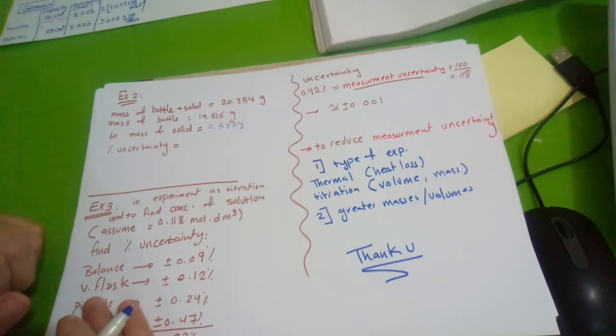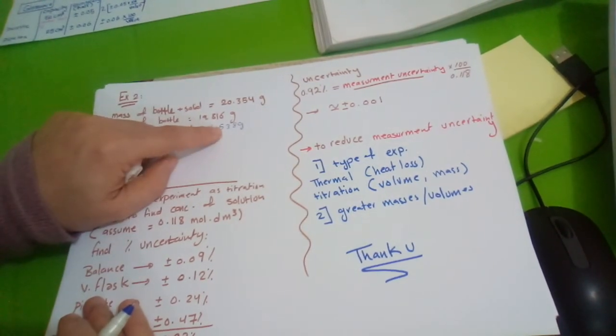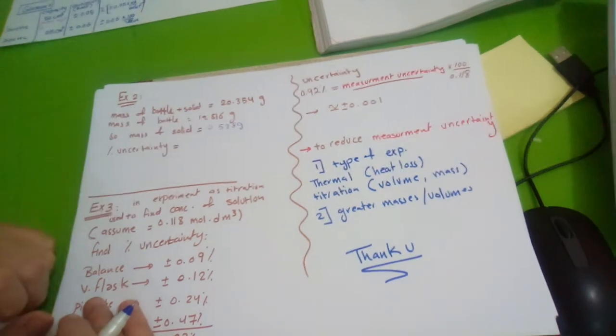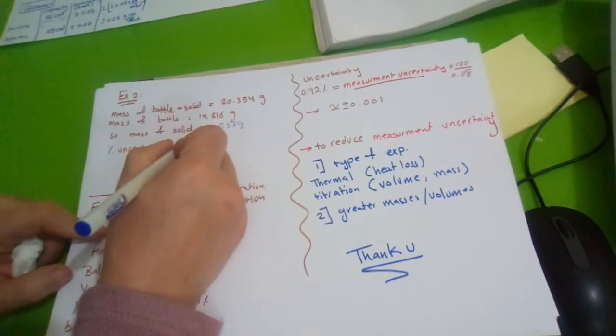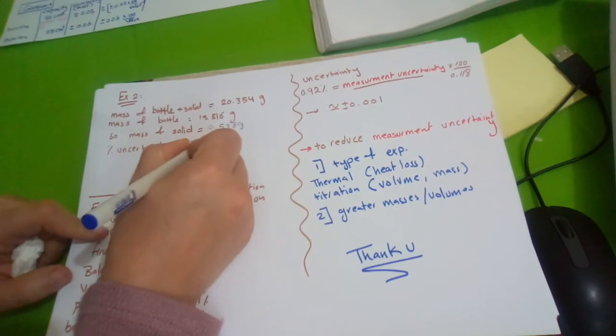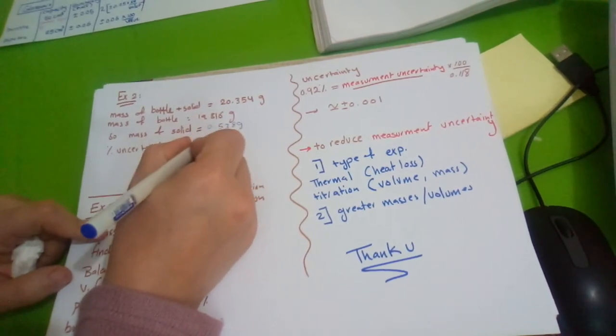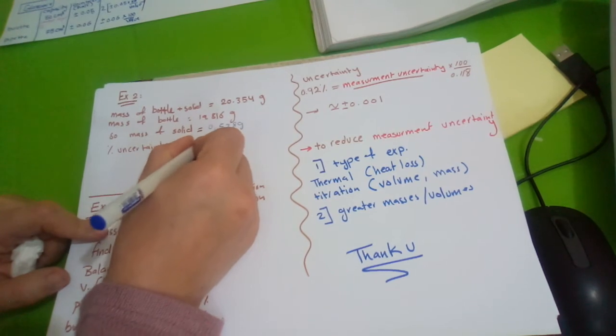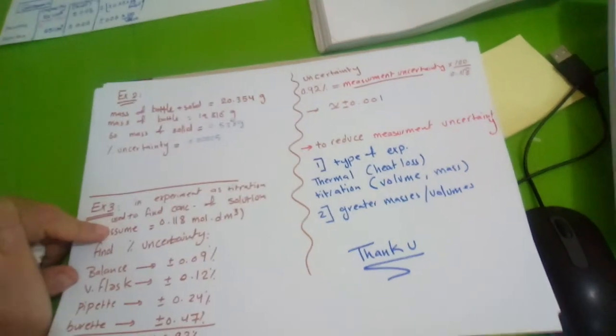Calculate the percentage uncertainty for that value. We can see here we have 3 decimal places. The half of it is 0.0005. Why?